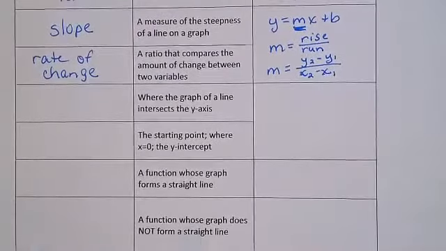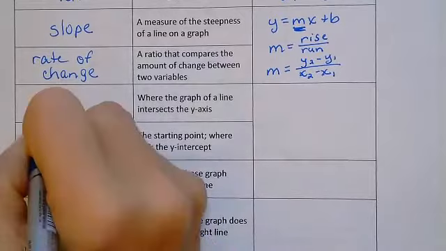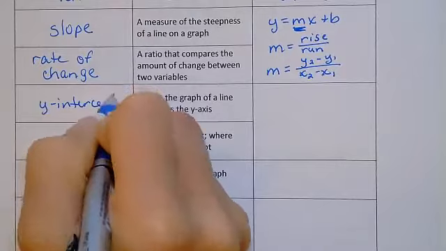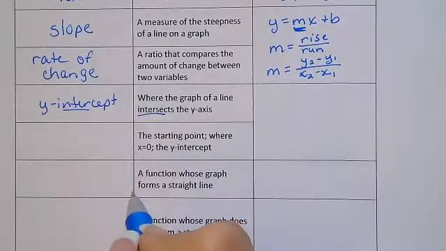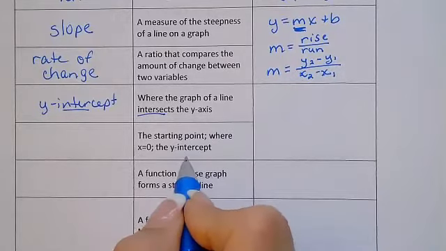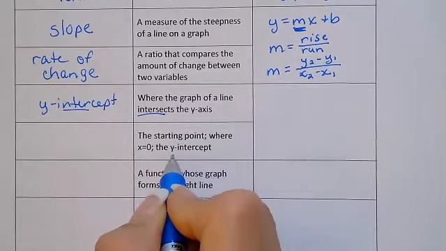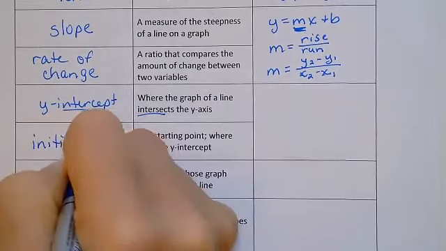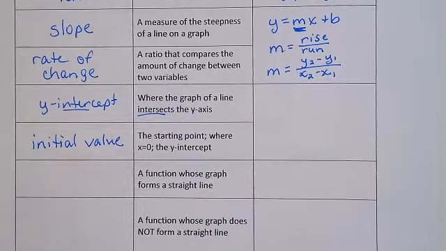All right, now we have where the graph of a line intersects the y-axis, and that is called the y-intercept. Intercept and intersect. And then the starting point where x equals 0, or the y-intercept, is called the initial value. Just like your initial is the first letter, it is the starting point of your name.